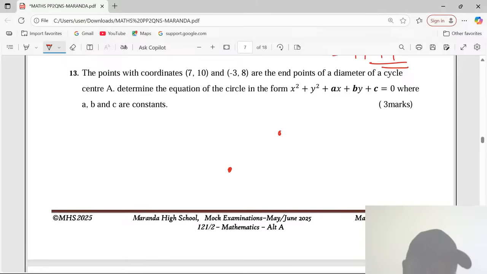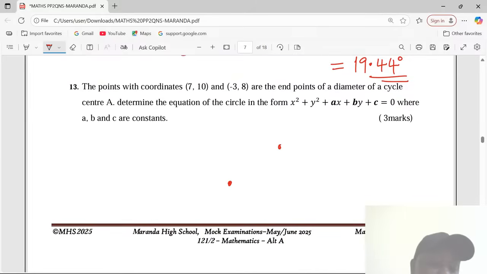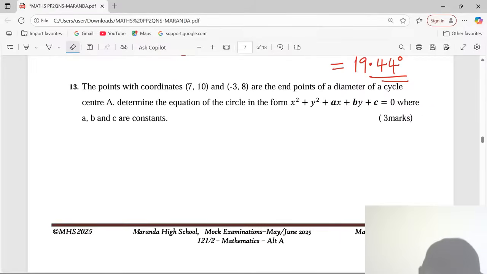So to test for collinearity, the coordinates must be beyond 2, because any two coordinates must form a line. But thank you for the question.